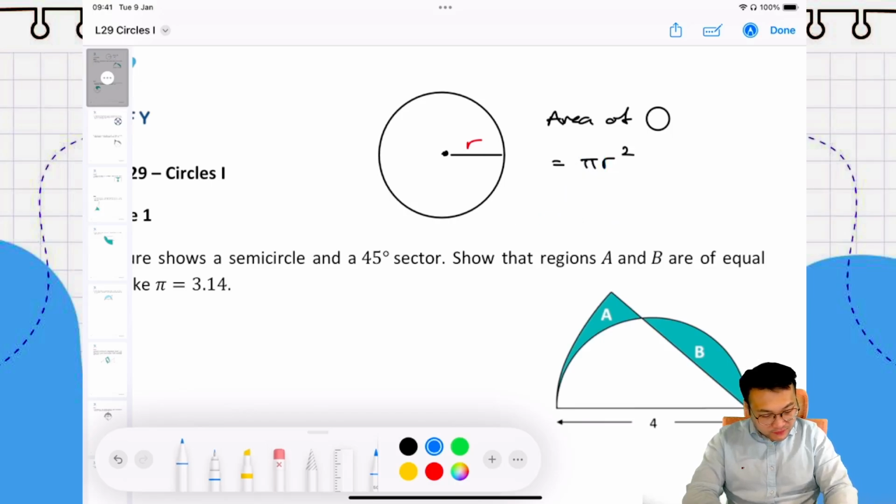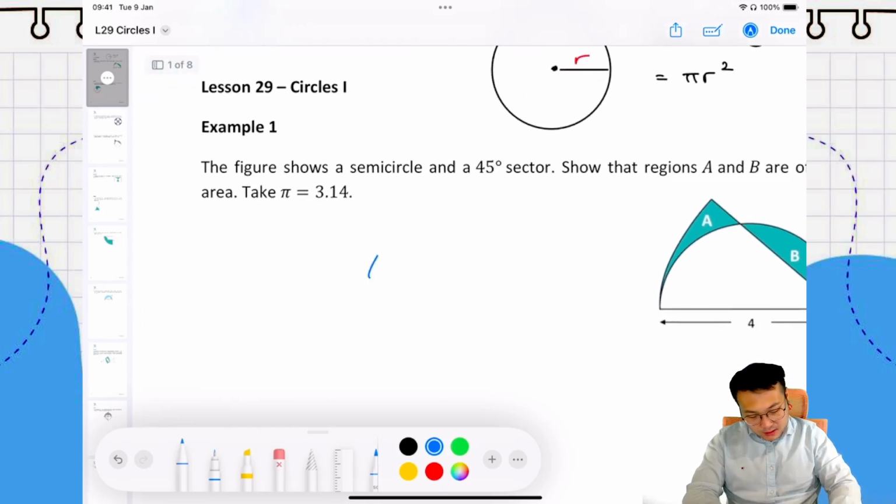And you must identify the radius of a circle. Make sure you know that the radius is from the center of the circle to the circumference of the circle. If I were to draw a semicircle, the radius also starts from the center to the circumference.